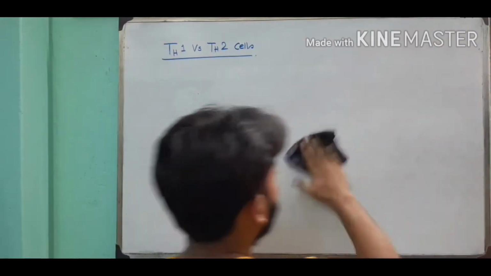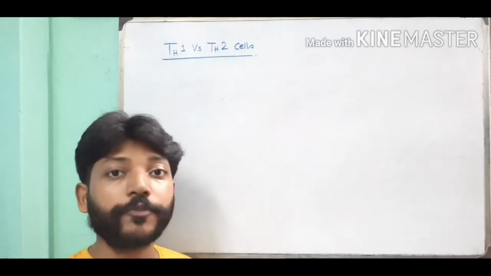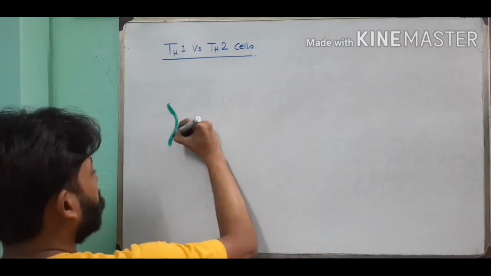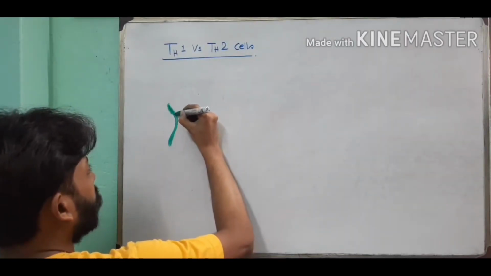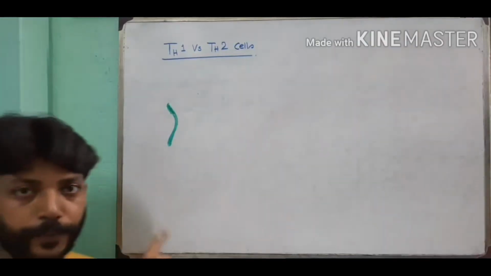TH2 cell generation. TH2 cells are generated in response to different microorganisms. This is a helminth, so let's assume it is a helminth. TH2 cells are activated in response to helminth infections. If it is a helminth, what happens?